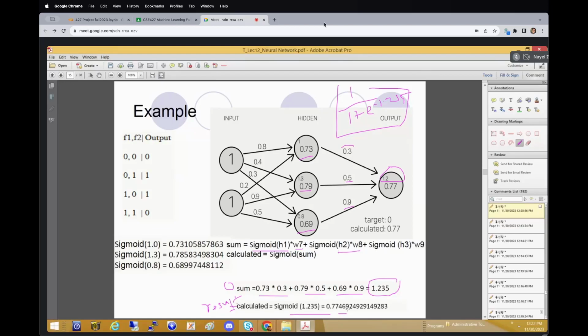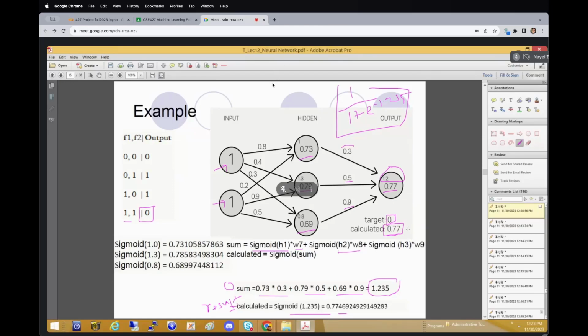Now what's the target? If we input x1 is 1 and x2 is 1, our target is 0. But what we got is 0.77. Our target is 0, but our prediction is 0.77.